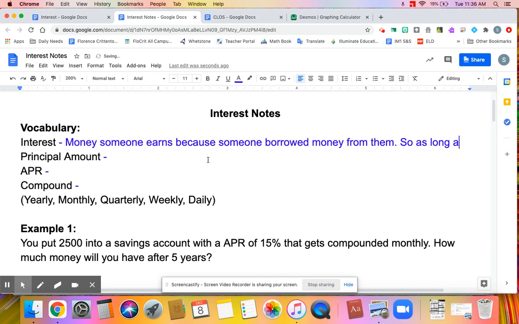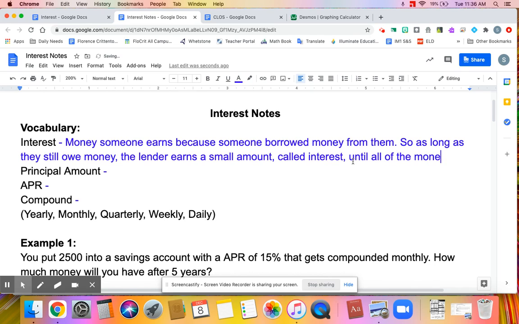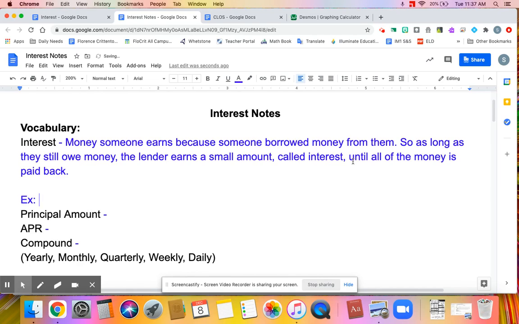So as long as they still owe money, the lender earns a small amount called interest until all of the money is paid back. Examples. So there's some interest examples.